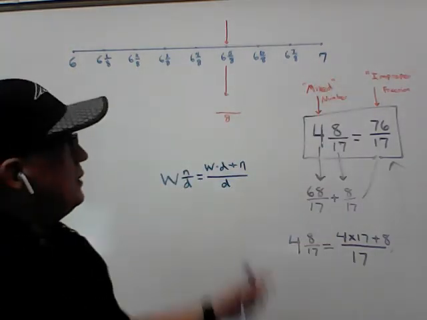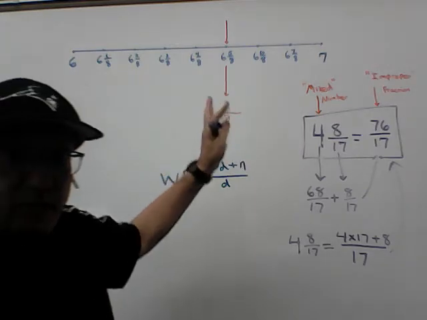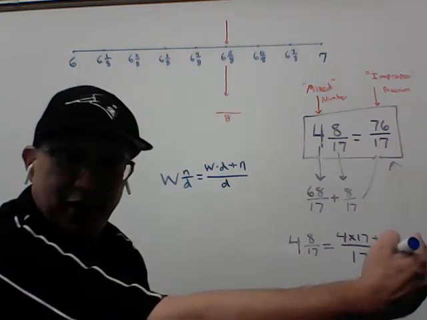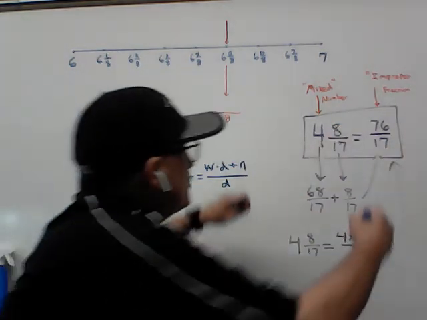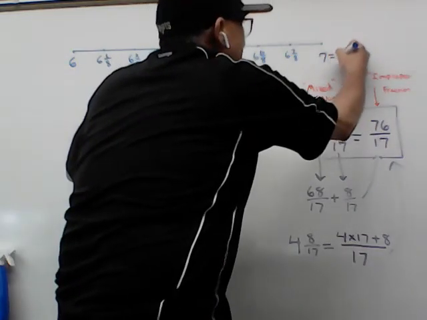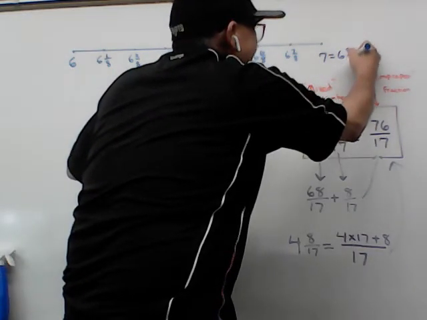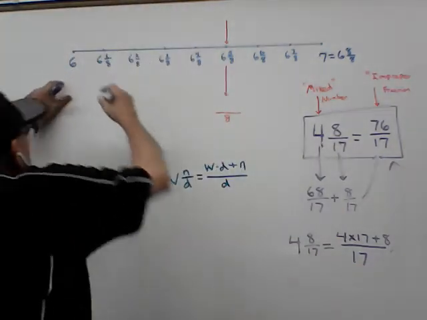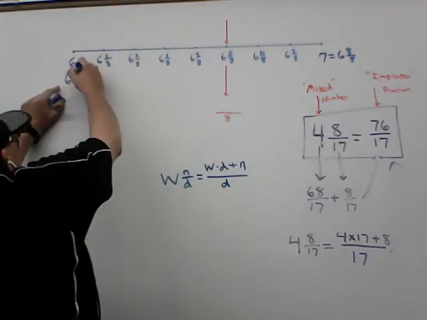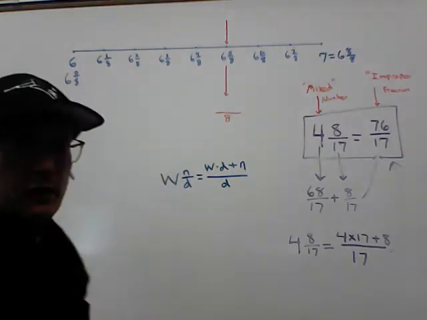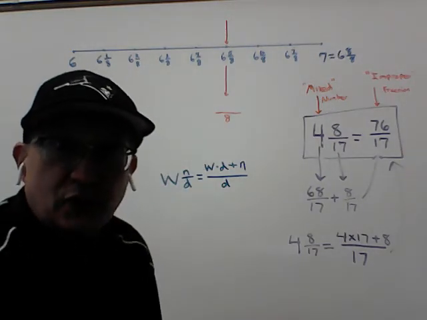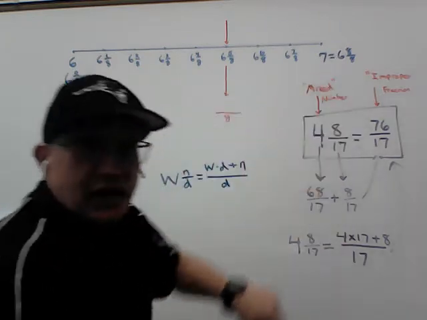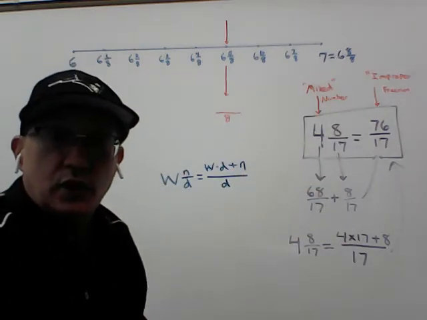Which, by the way, if we had continued that pattern, this would have been a 6 and 8/8, right? See the pattern? This 6, you can think of as 6 and 0/8. Now, we never write 6 and 0/8. We never write 6 and 8/8 either, really.